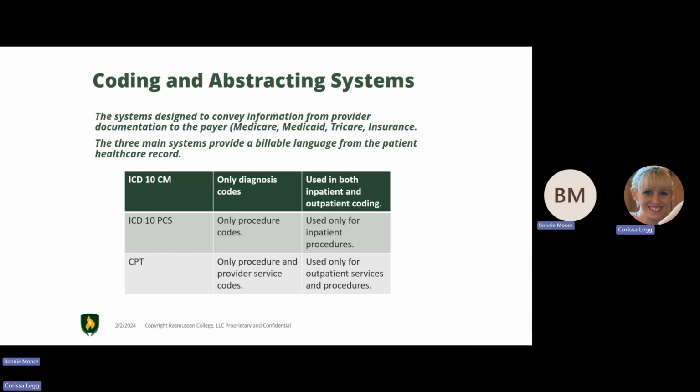Basically, in the coding world and in the billing world, there are three main systems that provide what we call a billable language, which will be codes from the patient healthcare record. So technically a coder is a translator of provider documentation into billable code language that an insurance company will understand.